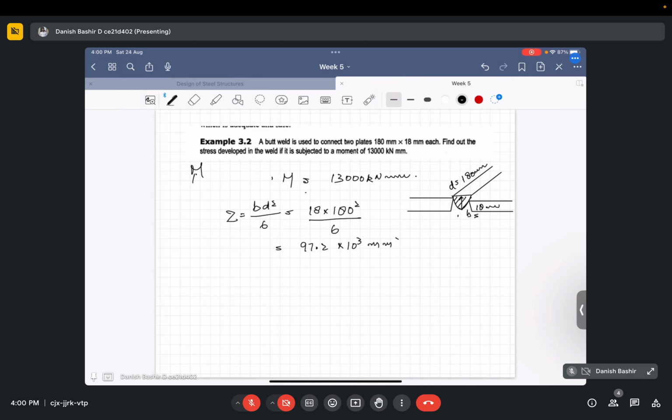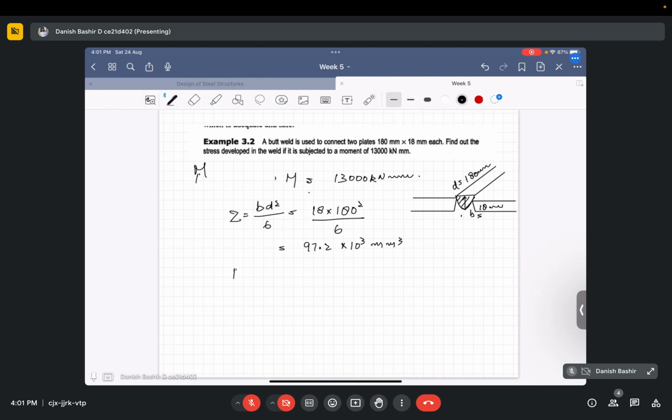For a butt weld, you have to take from the code the permissible bending stress. The code says that for a butt weld the permissible bending stress is 165 newton per mm square.